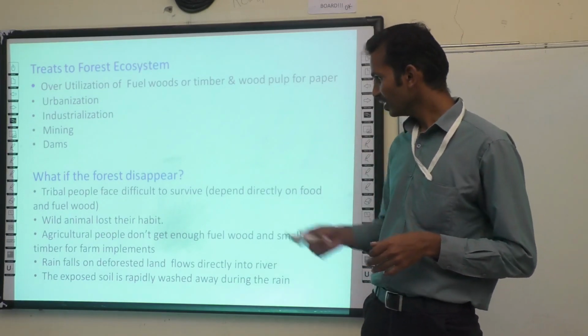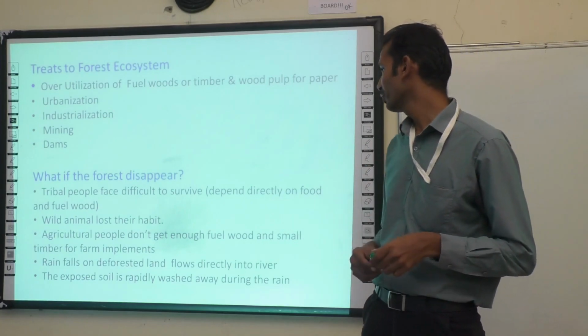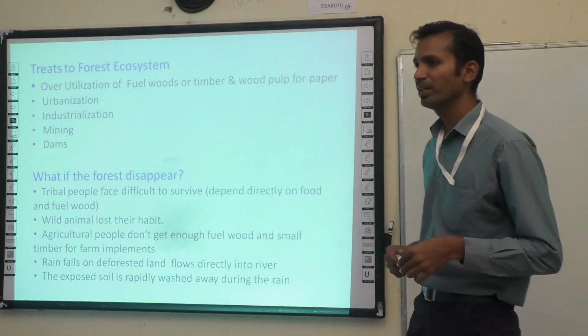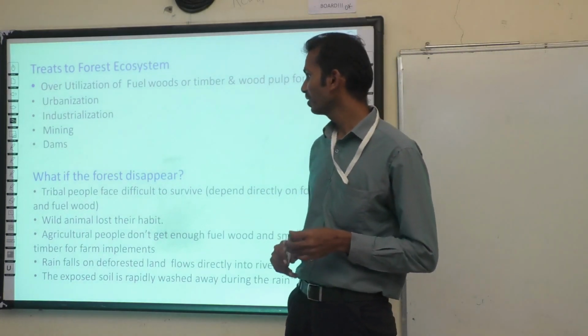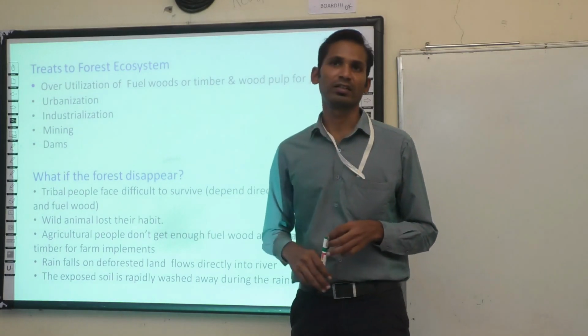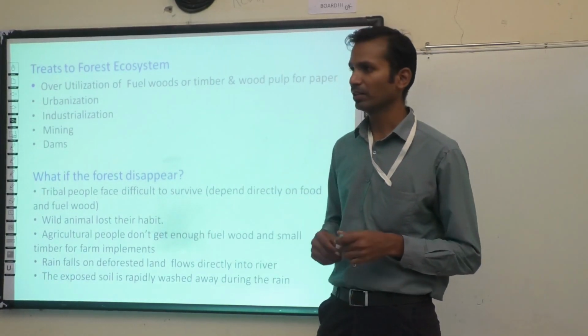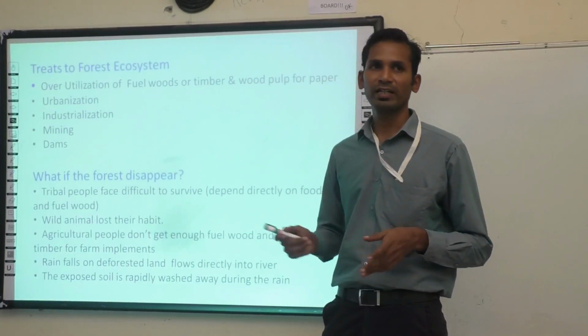So the next major issue is agriculture. People don't get enough fuel, wood, and small timber for farming implements. And the major effect is on rainfall. Rainfall will be totally affected because of this degradation of forest. A major issue is El Nino. Previously, we didn't have this much seasonal variation.